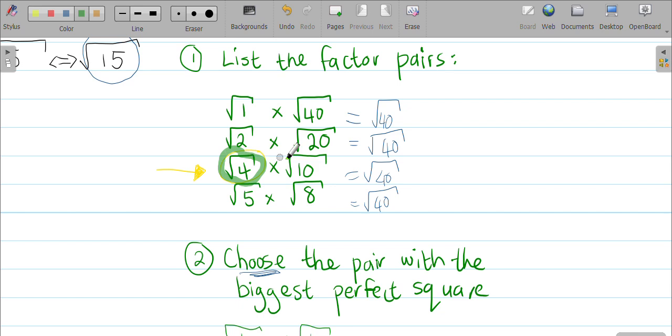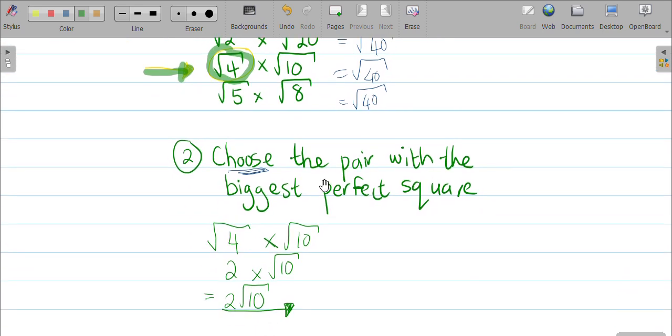We're going to choose this pair over here, the square root of 4 times the square root of 10. So we're going to write it down over here, the square root of 4 times the square root of 10. Now, why do we do that? Because the square root of 4 can be simplified as the answer of 2, because 2 times 2 gives me 4.